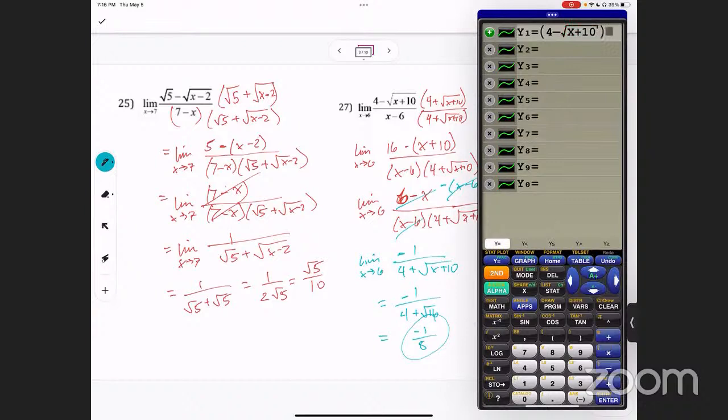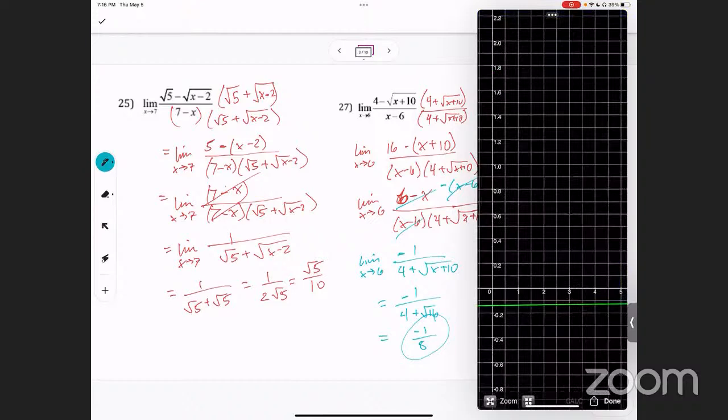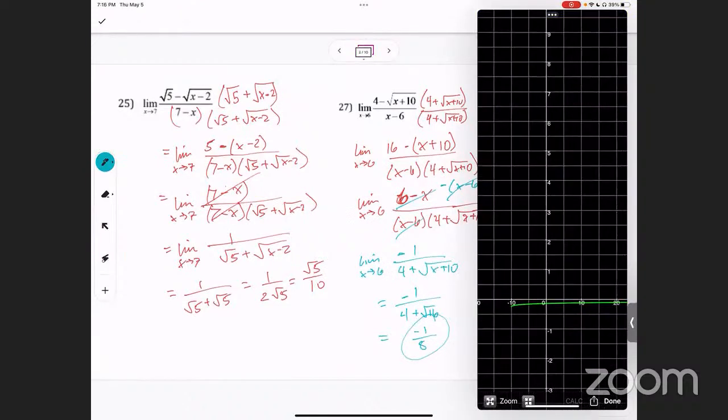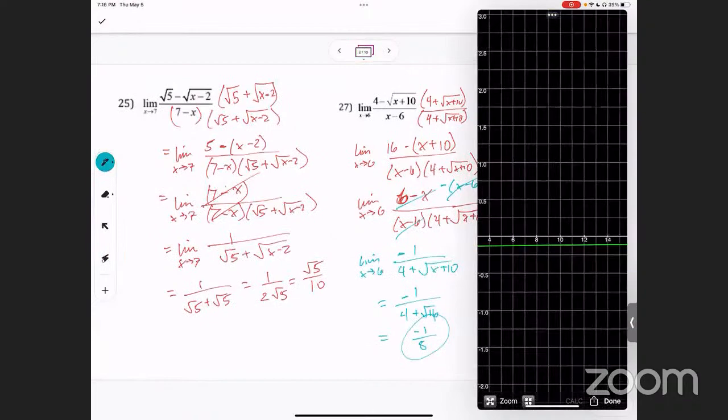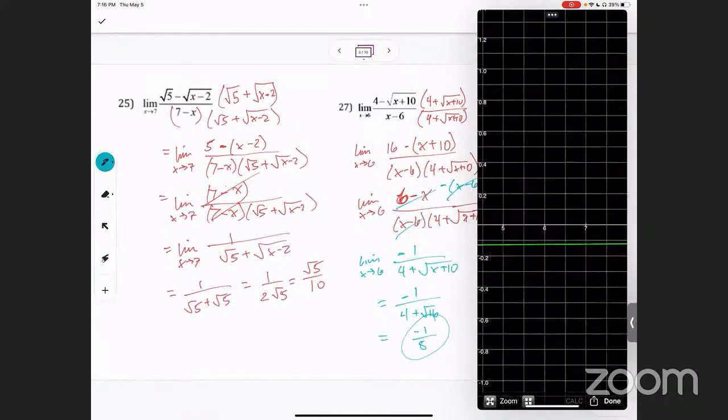So if I take that, put parentheses around it, divided by x minus 6, and I graph it and zoom in on where x goes to 6, what's the limit?